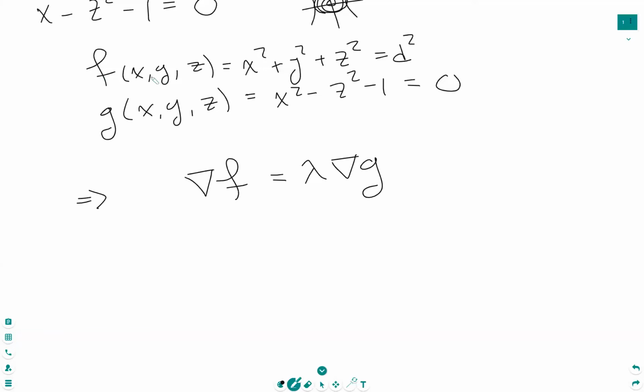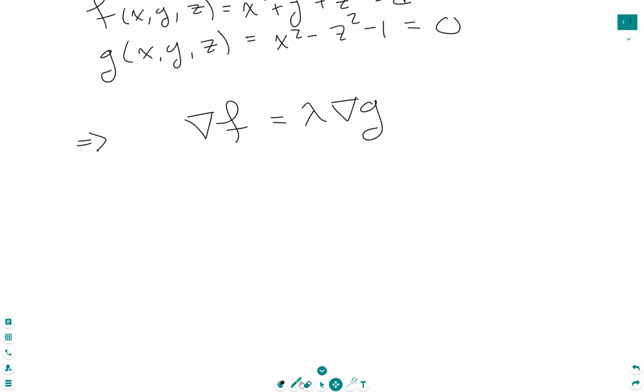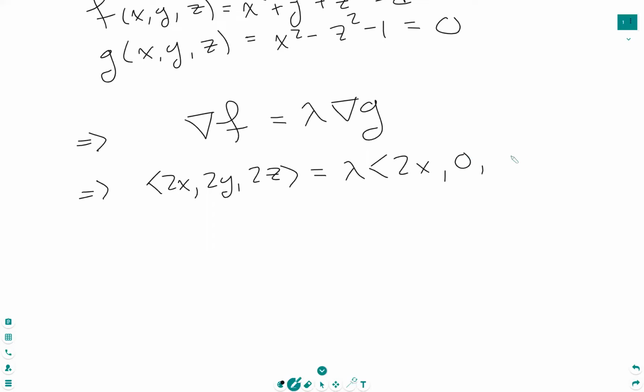Now that we have our f and g, let's find the gradient for these two functions. Here we have 2x, 2y, and 2z. Then we have lambda times the gradient of g, which is 2x, 0, and negative 2z.